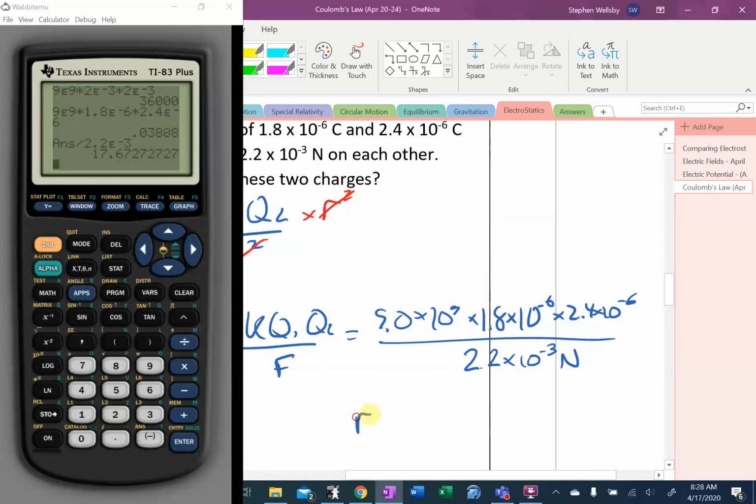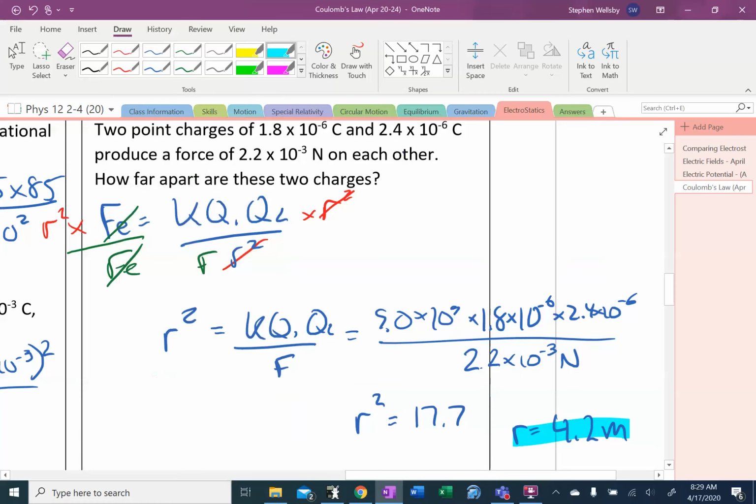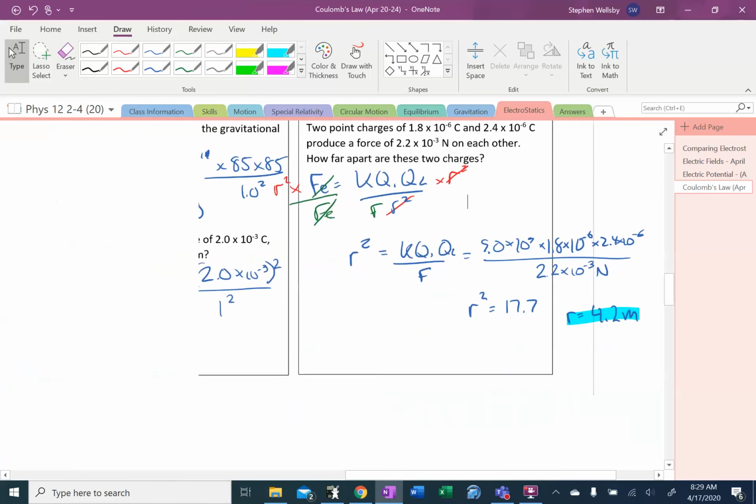So just be careful, this is our R squared value. So our R squared value is 17.7, and so we take the square root of this answer and we find our R equals 4.2 meters. So this is our final answer for the third question here. Hopefully that's what you got as well when you tried it yourself.